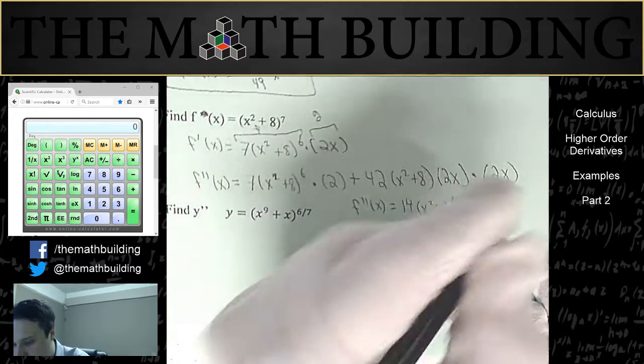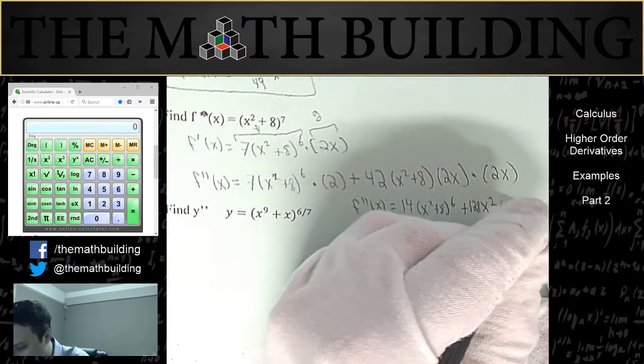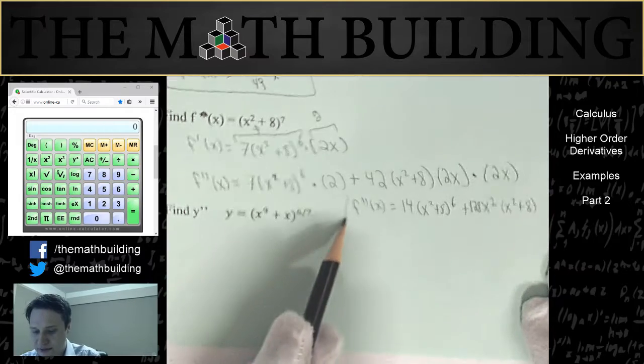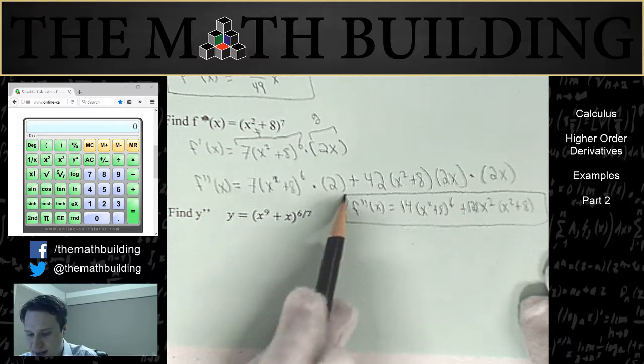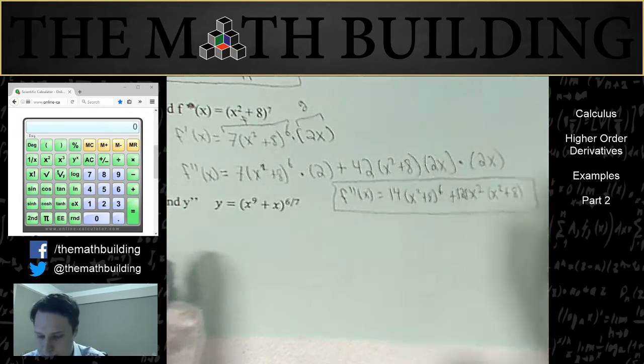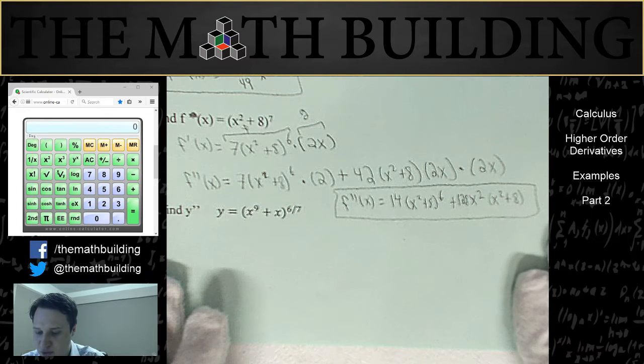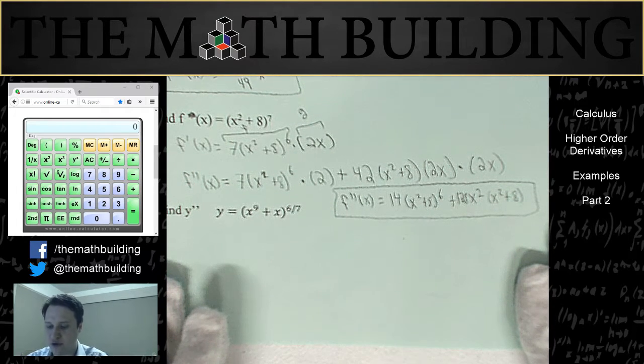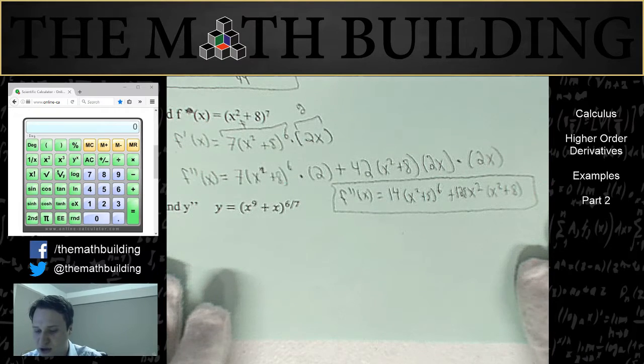And that's being multiplied by x squared plus 8. So that was just a little bit of algebra to clean that up a little bit. So just be careful with the chain rule. The chain rule can make a lot more work for you sometimes when you are doing these.